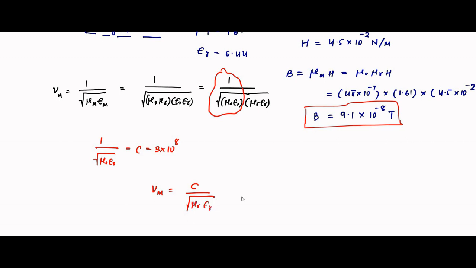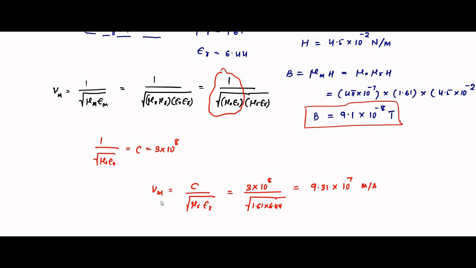So all the parameters we know: mu r is equal to 1.61, epsilon r is equal to 6.44, c is equal to 3 into 10 to the power 8, root over of 1.61 into 6.44. The velocity is coming to 9.31 into 10 to the power 7 meters per second.